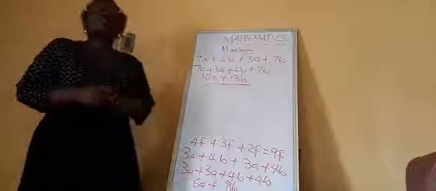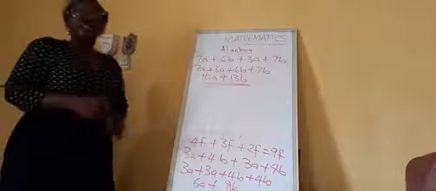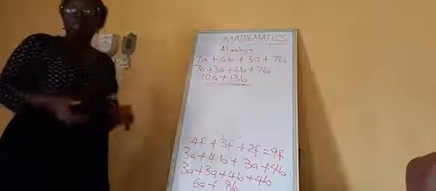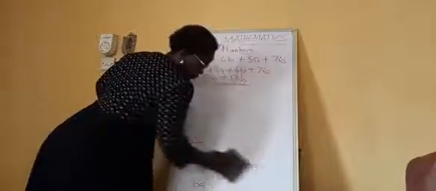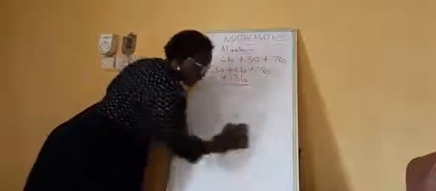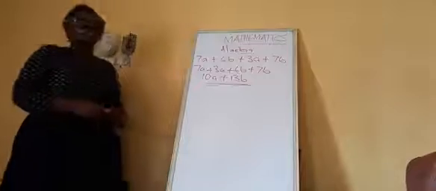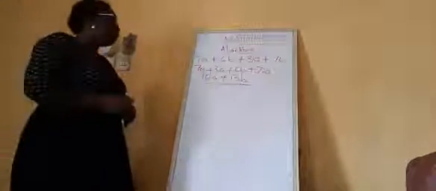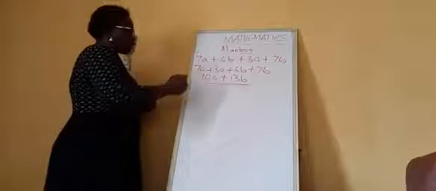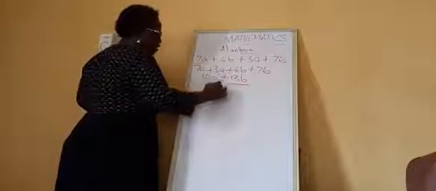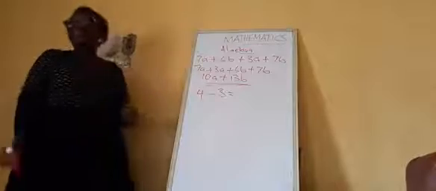Now let's work on the subtraction aspect of it. Another name for subtraction is minus or take away. So when you have 4 minus 3, 4 minus 3 is what?